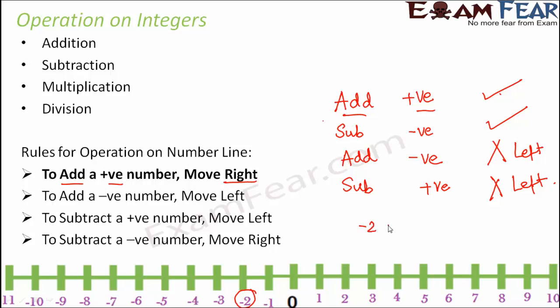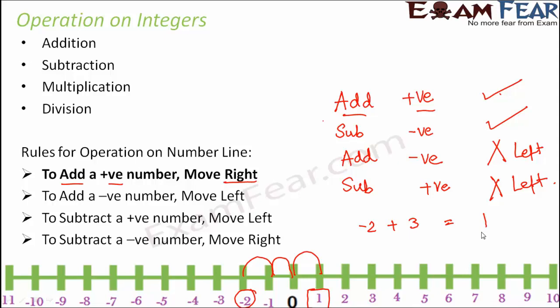So basically, if you want to add a number, say 3, to -2, what are you doing? You are adding a positive number to the integer. Right? So when you add a positive number to an integer, you move towards right. So from -2, you will move 3 steps towards right. That is 1, 2, 3. So you have moved 3 steps. Where have you reached? You have reached at 1. So basically -2 plus 3 is equal to 1.